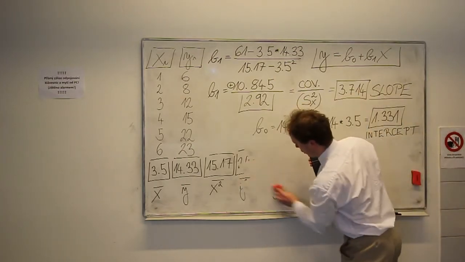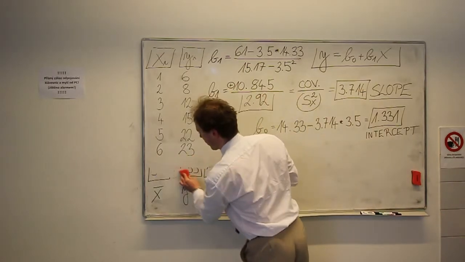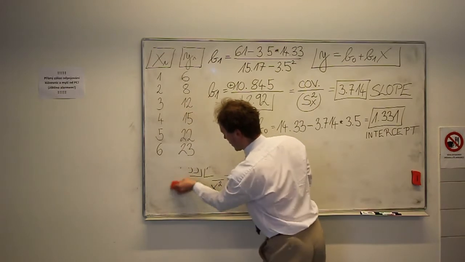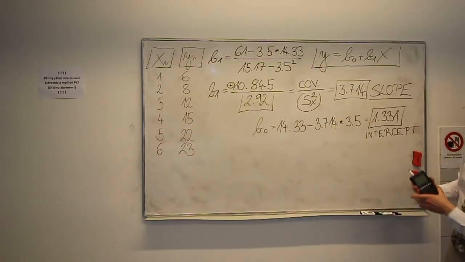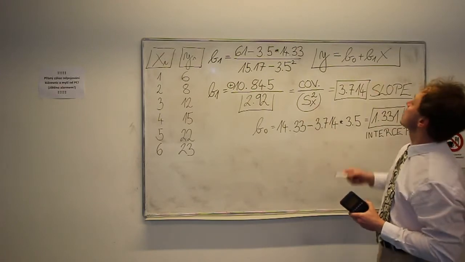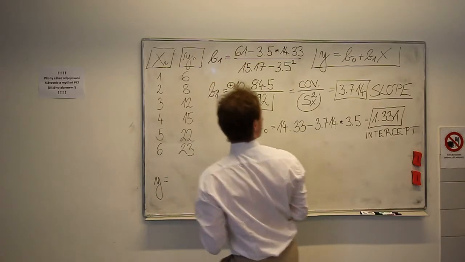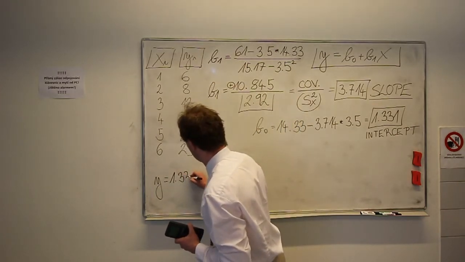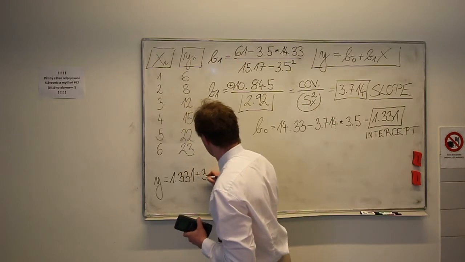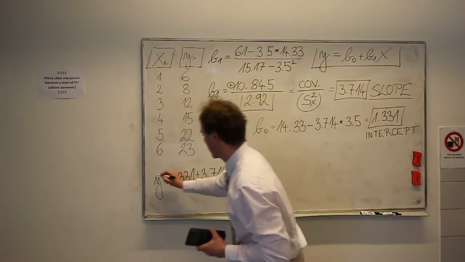regression function, yes, and interpret the coefficient, yes, interpret the value of the regression coefficient. So I will start with the line. So y is equal to intercept 1.331 plus 3.714x.